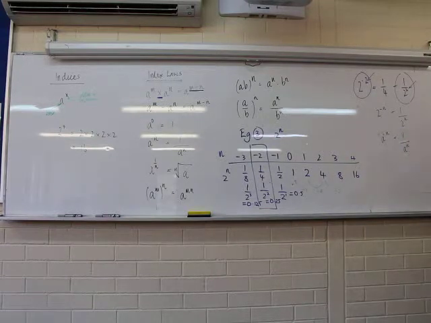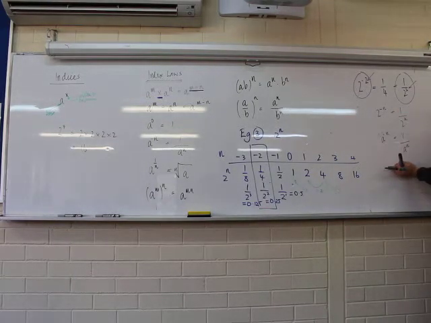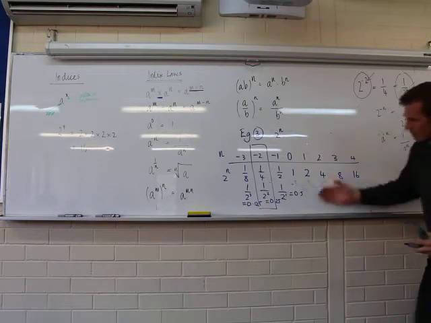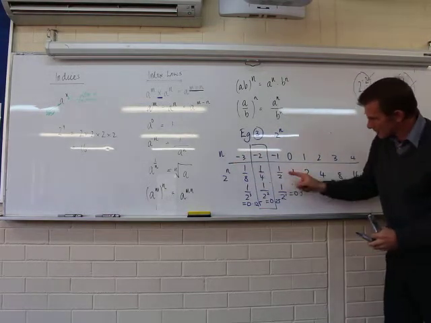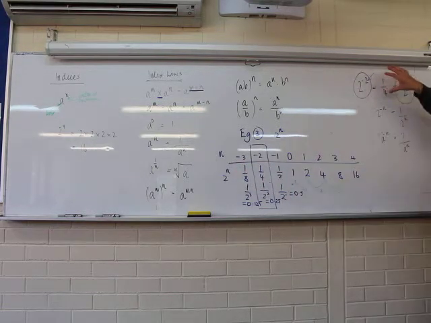So if I have a negative power, I can take that whole thing, put it on the bottom line, make it positive. And why? Because I'm doing the same thing here. You can see the numbers coming through. And it doesn't matter which one I choose to do this with, it'll work every time.